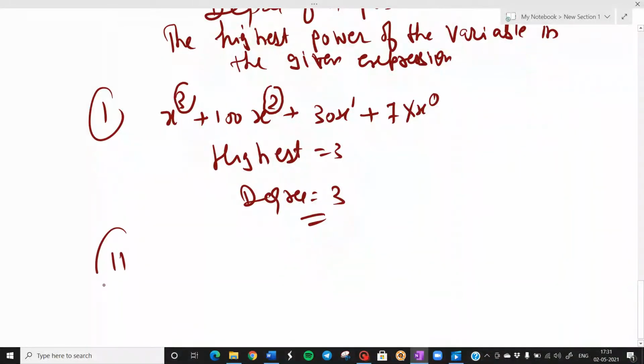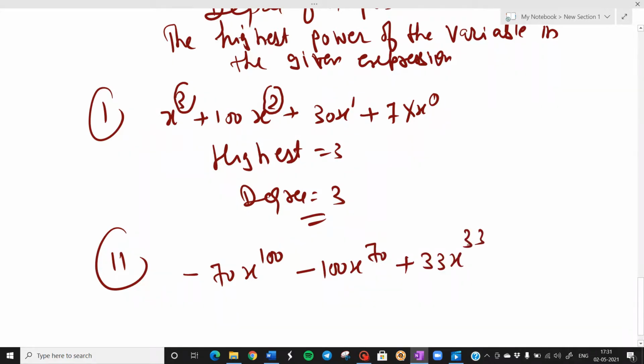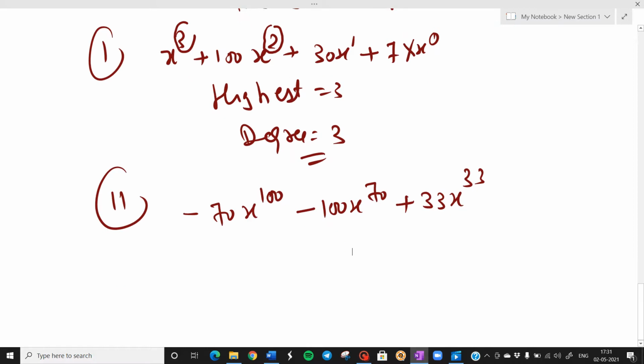The second example: minus 70x power 100 minus 100x power 70 plus 33x power 33. What is the degree of this polynomial? First of all, yes, this is a polynomial, and the highest power is, in the first term, 100.